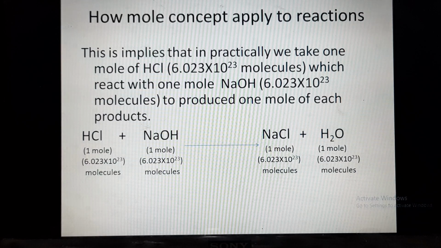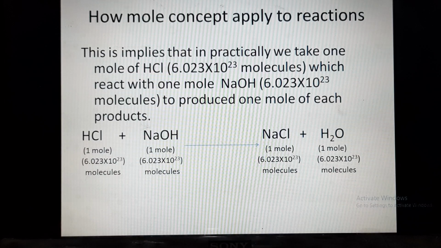So by reacting these two reactants, two products are obtained, that is 1 mole of NaCl, Avogadro's number of NaCl, and 1 mole of water, that is Avogadro's number of water forms. So this is the application of the mole concept to a chemical reaction.